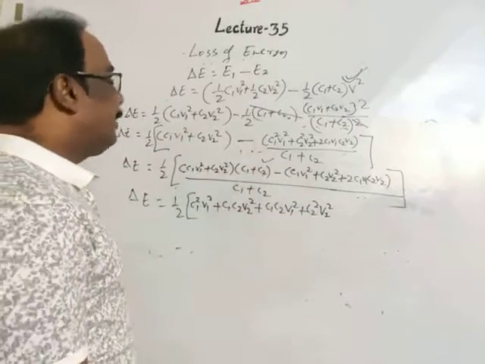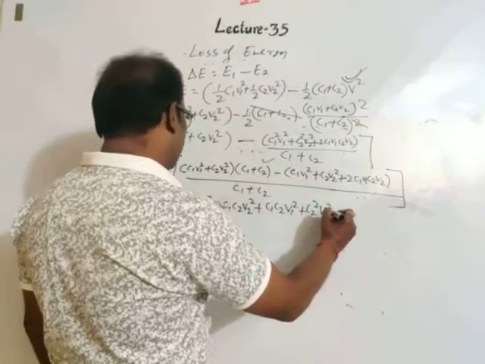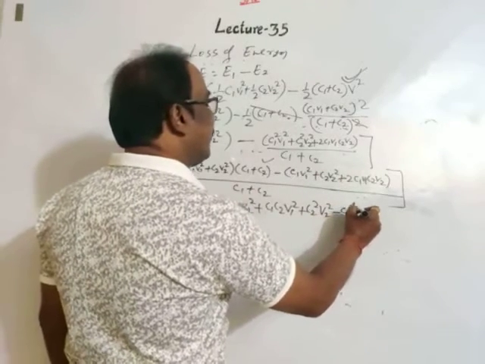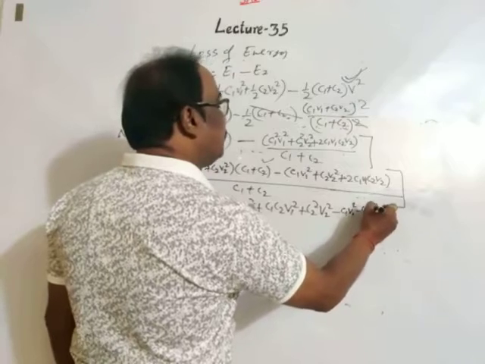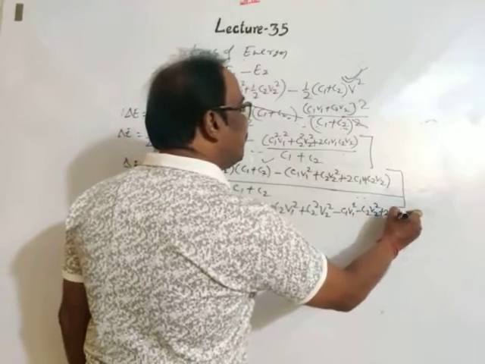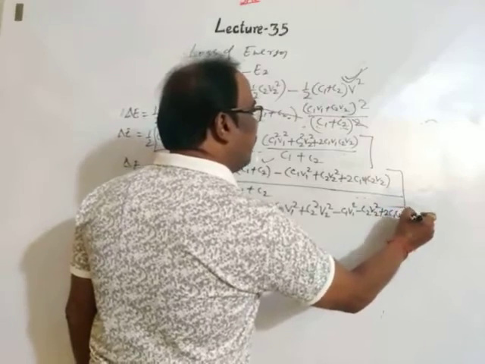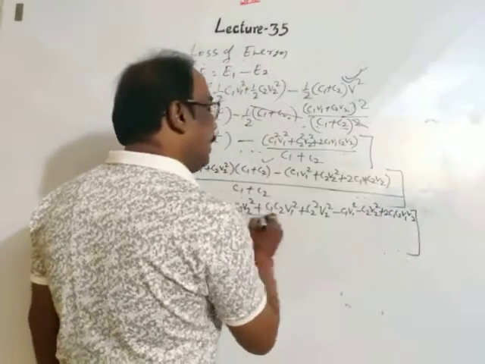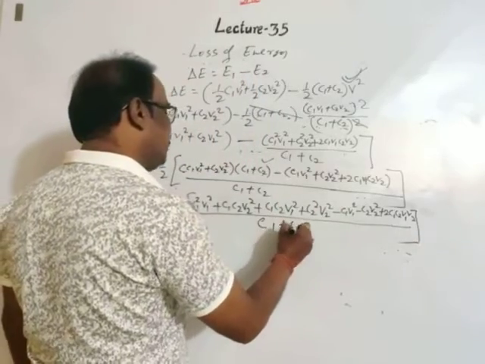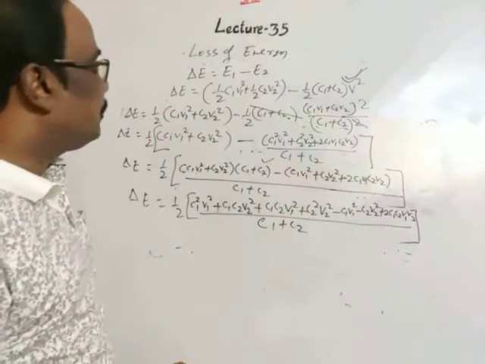Okay. If you multiply, we will get like this. Then open the bracket: minus C1 square V1 square minus C2 square V2 square minus 2 C1C2 V1V2, divided by (C1 + C2). Okay.